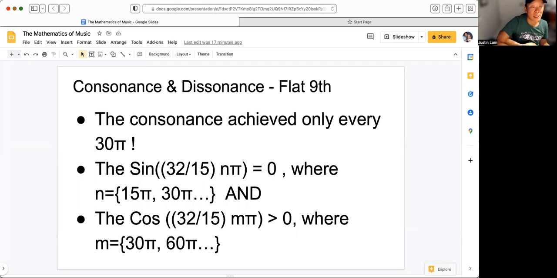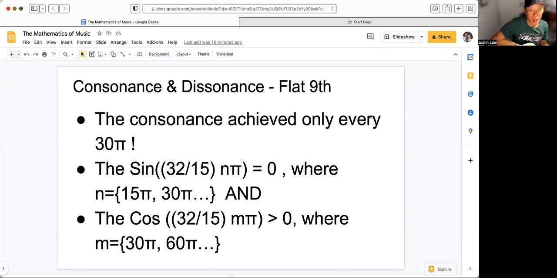And so when I try to calculate for the flat ninth what that actually meant, I had to think, so the sine of 32 over 15, which is my ratio from the just temperament, n pi, where n is equal to 15 pi, 30 pi, etc., because I need to get it to a whole number.